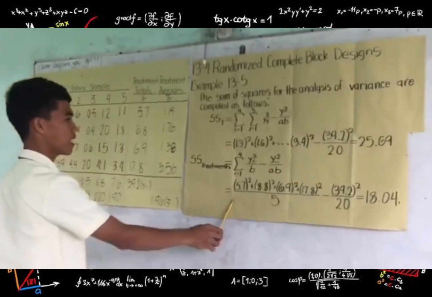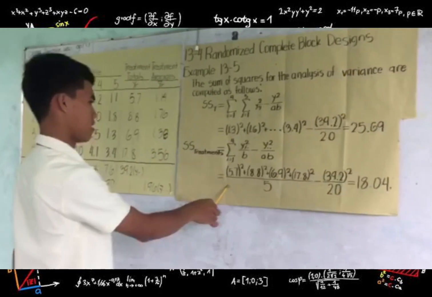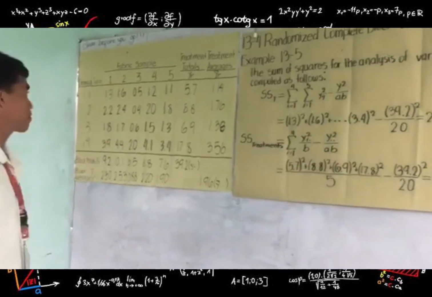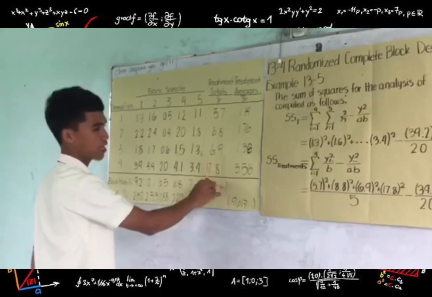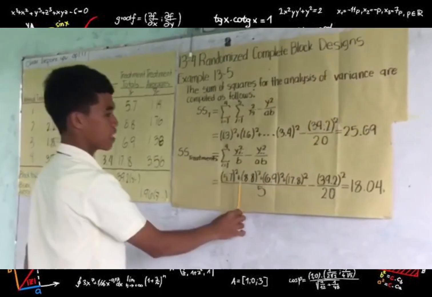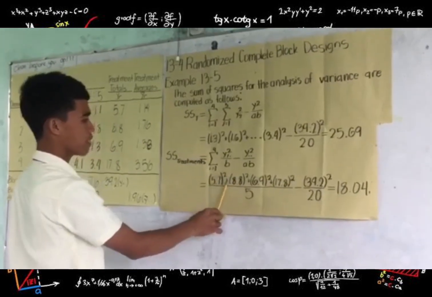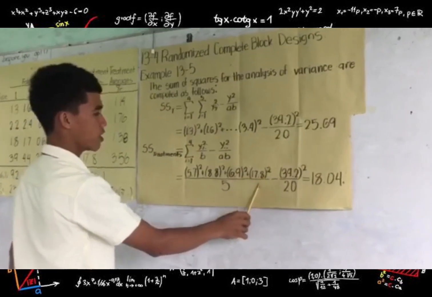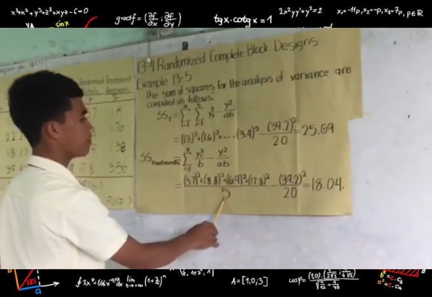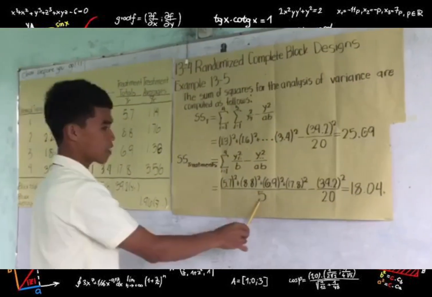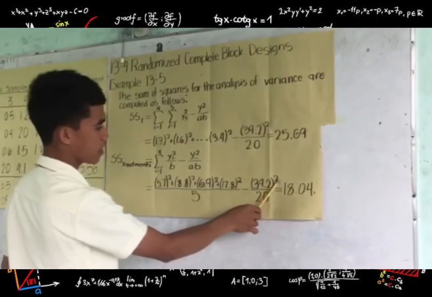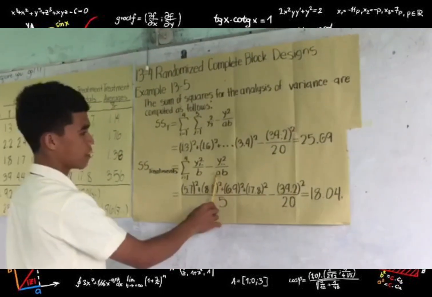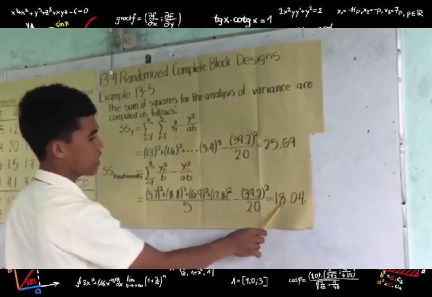Then substitute: 5.7 squared plus 8.8 squared plus 6.9 squared plus 18.2 squared over 5, then minus 39.2 squared over 20, which is equal to 18.04.